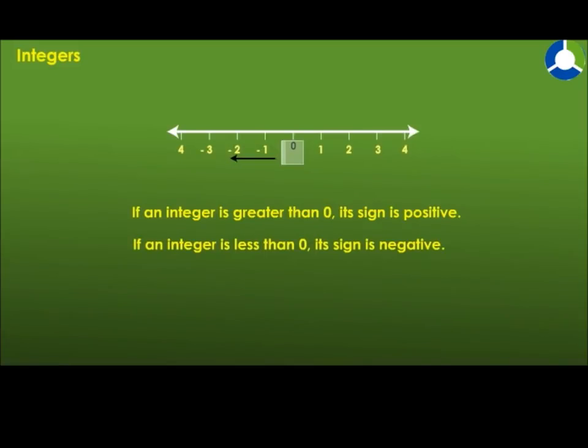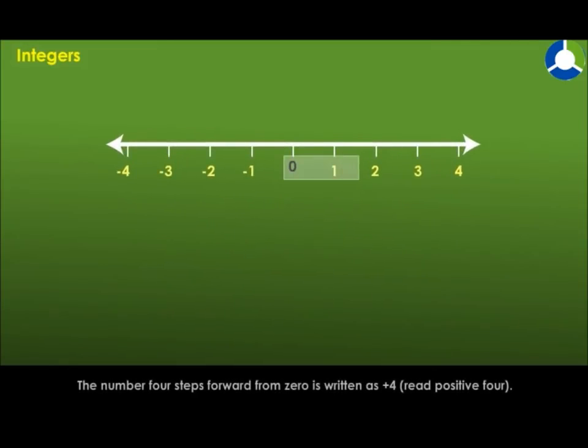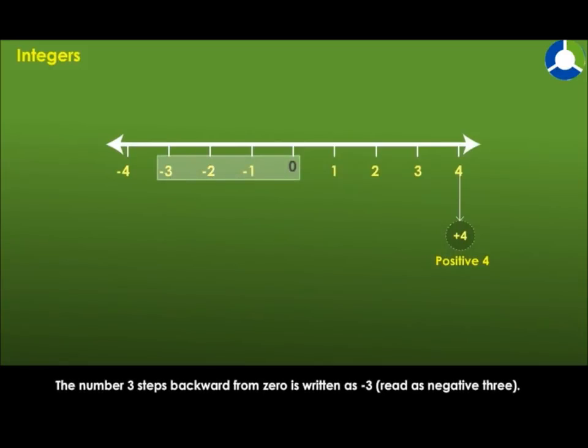If an integer is less than 0, its sign is negative, minus. The number 4 steps forward from 0 is written as +4, read as positive 4, and the number 3 steps backward from 0 is written as -3, read as negative 3.